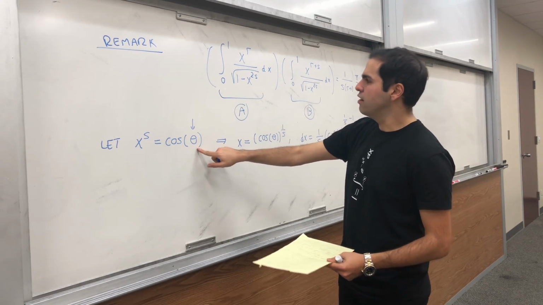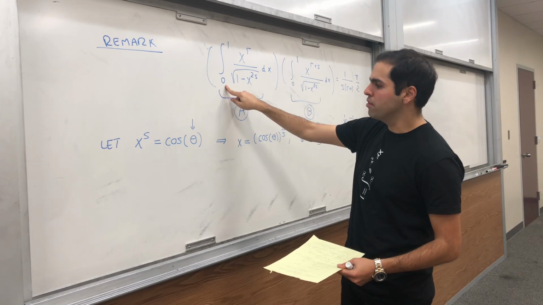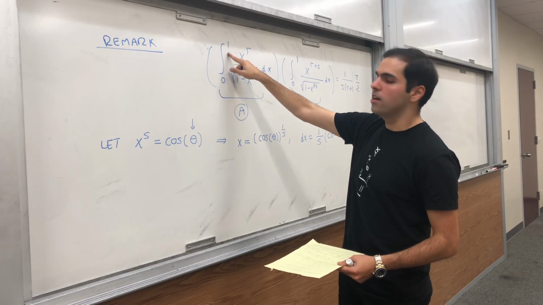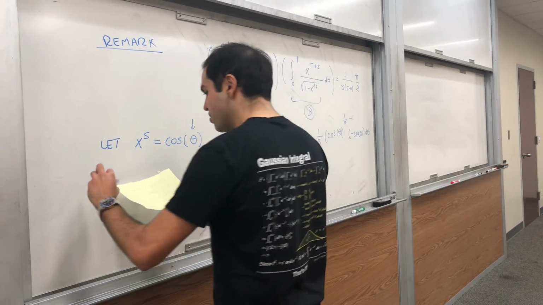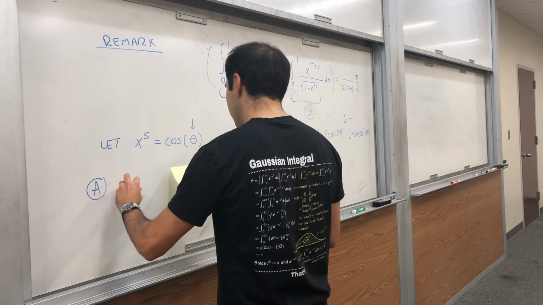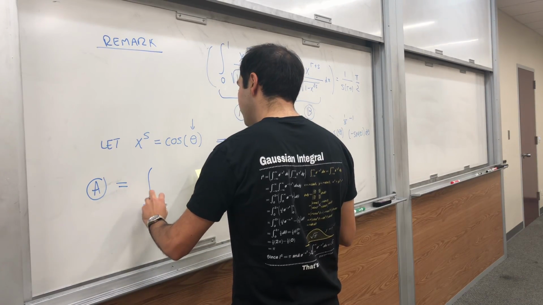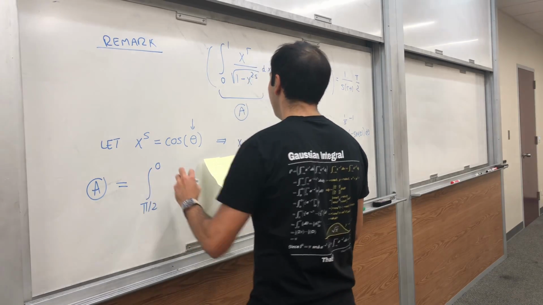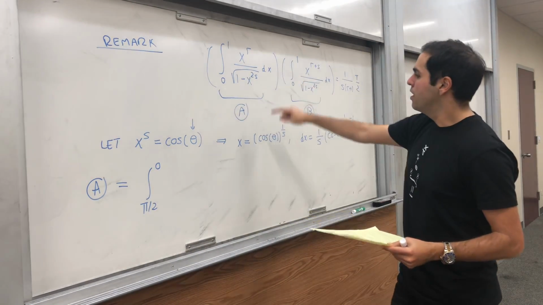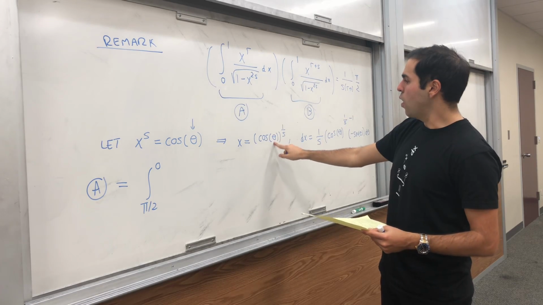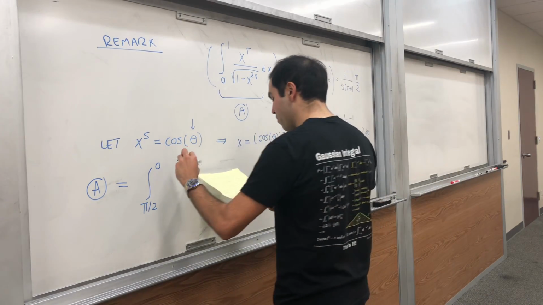So when is cosine of theta 0? It's at pi over 2. When is cosine of theta 1? It's at 0. So in other words, A can be just transformed into the integral from pi over 2 to 0 of, so x to the r is cosine of theta to the r over s.